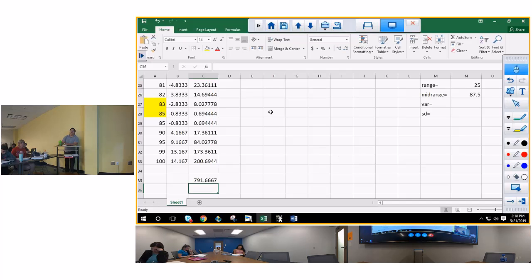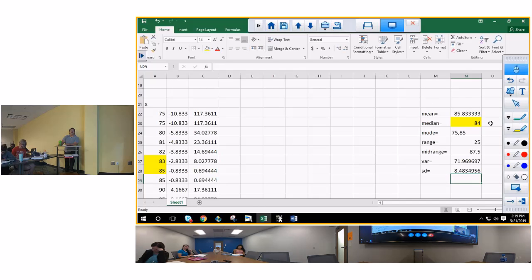So the variance is equal to 791 point whatever divided by, what is 12 minus 1? And now you take the square root of that, or raise that to the what? 1/2 power, 0.5, and there is your standard deviation.